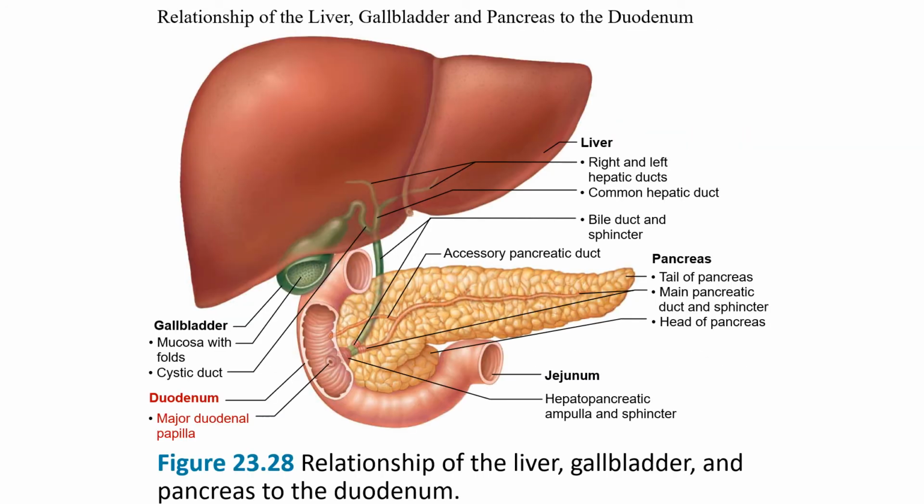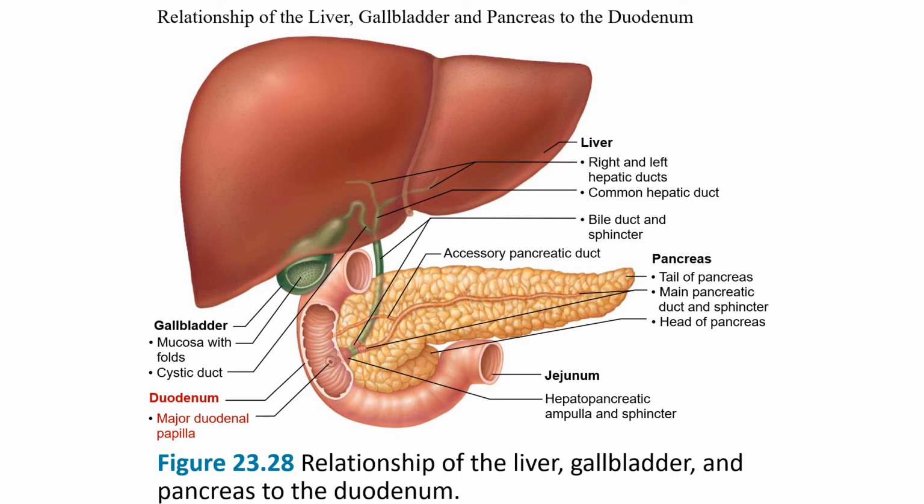So here we have a picture. Locate the duodenum. See the major duodenal papilla, which is where the pancreas and the pancreatic duct and the bile duct dump the pancreatic juices with the enzymes and the bile into the duodenum.